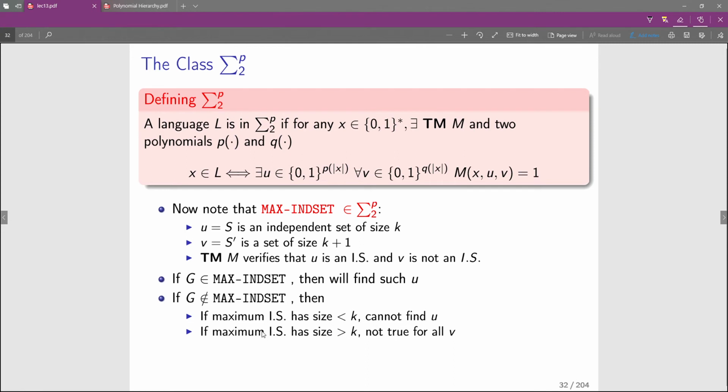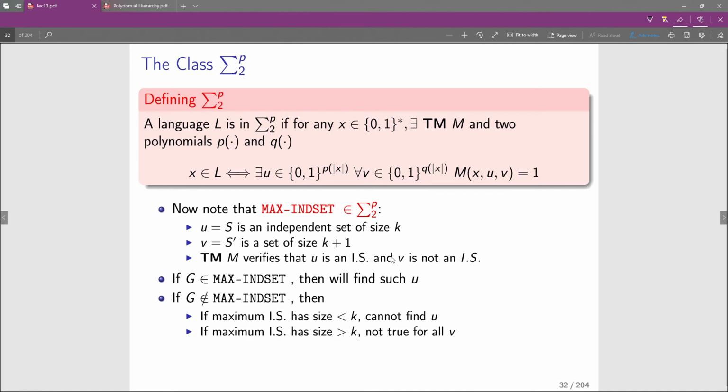Now this part is clear. When it belongs to the maximum independent set of size K, you will clearly accept it. But if your maximum independent set size is less than K, then the first condition, which says S is an independent set of size K, will fail.